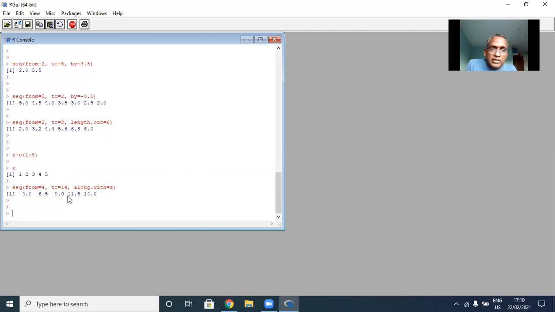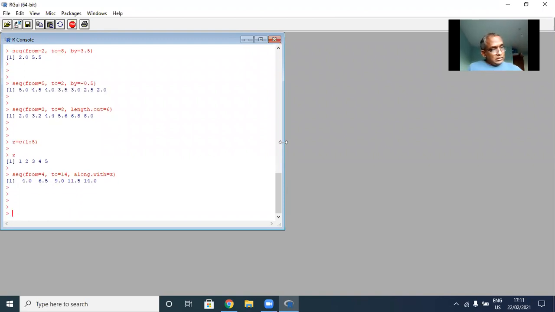And here, once again, you have a sequence from 4 to 14, which is of length 5, and the distance between any two consecutive numbers must be equal. In other words, they are equally spaced. As you can see, it's 1.5 plus 4 is 6.5, 1.5 plus 6.5 is 9, and so on. Okay, so that's the first page.